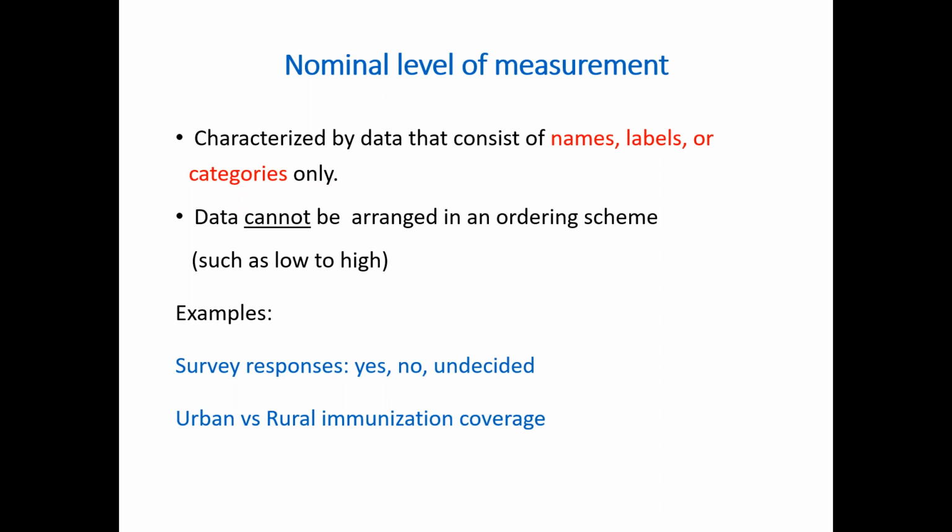Say yes or no, or I do not know. So the responses are also given in terms of certain numbers, which are again countable numbers. Yes, how many, no, how many, and undecided, how many of them have given this. Similarly, the coverage of immunization in urban area versus rural area. How much is the difference? So that nominal level of measurement will give you an indication about the value in different categories.